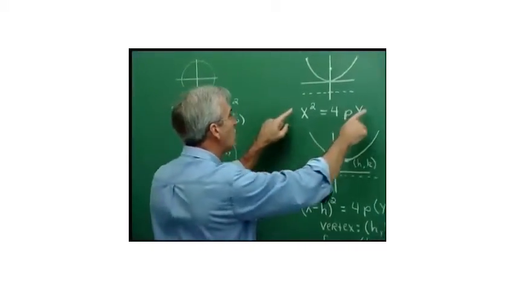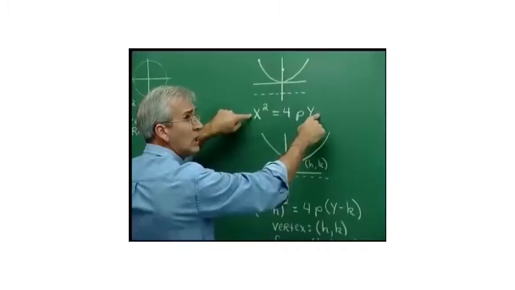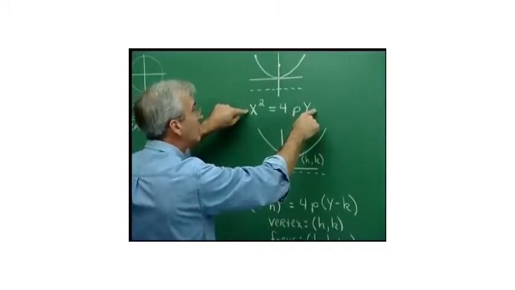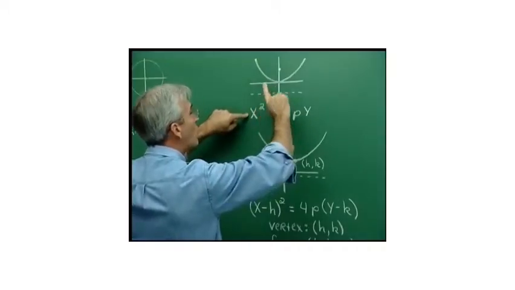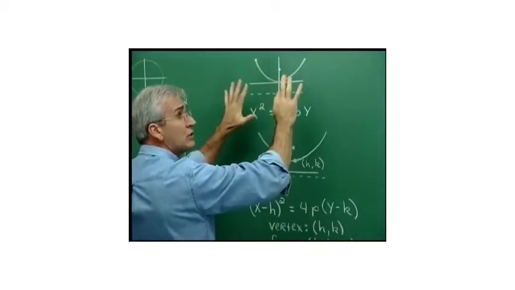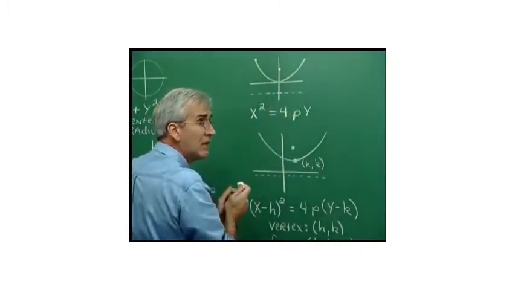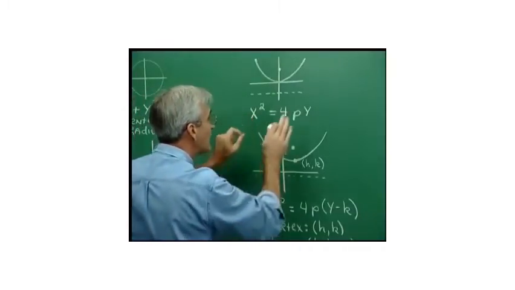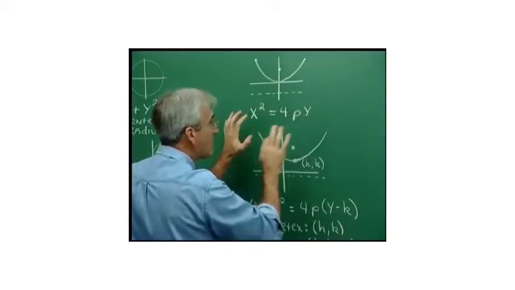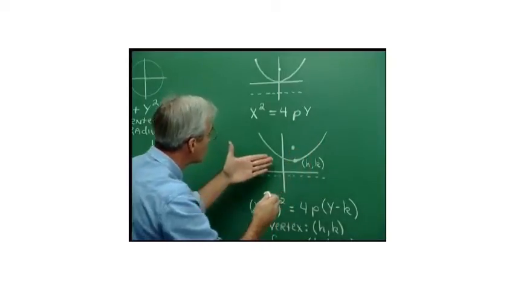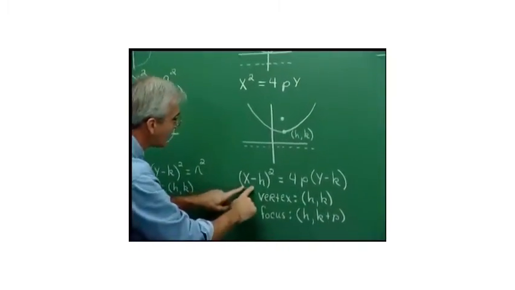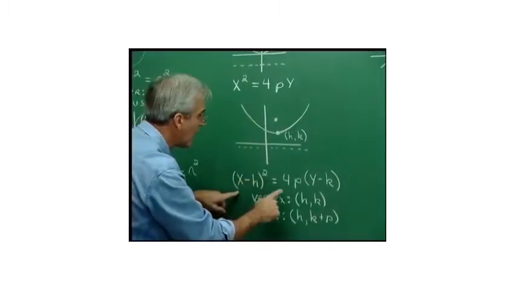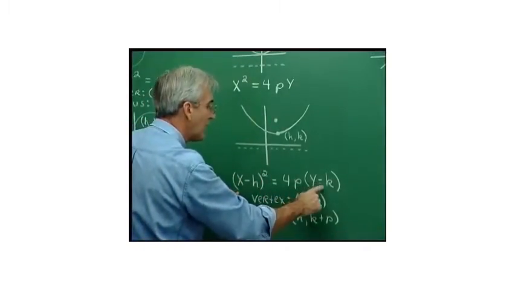We start with the notion that we have an equation associated with a parabolic curve whose vertex is at the origin. Now, when that vertex moves away from the origin, we just introduce the idea of an h and a k. The h is associated with x and the k associated with y, and we make a couple of binomials. So as the vertex moves away from the origin, we have x minus h squared equals 4p times y minus k.